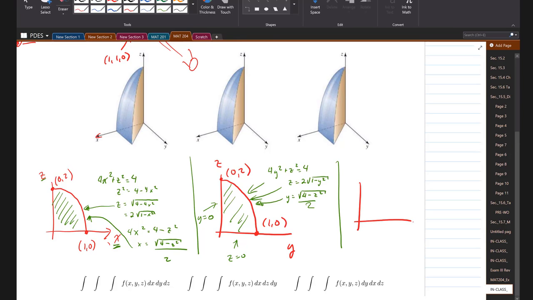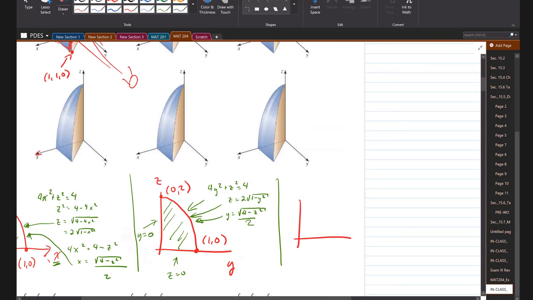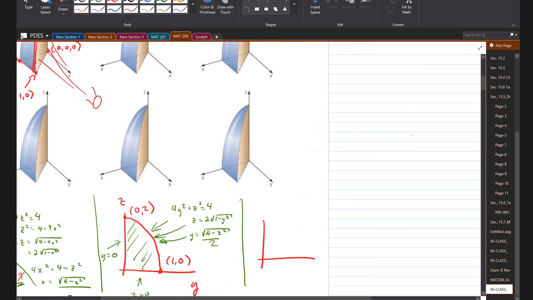They're already sitting in the plane. But again, this would work even if this solid were sitting way up here, up higher. If we shined a light down, it would make some sort of shadow in that xy plane.